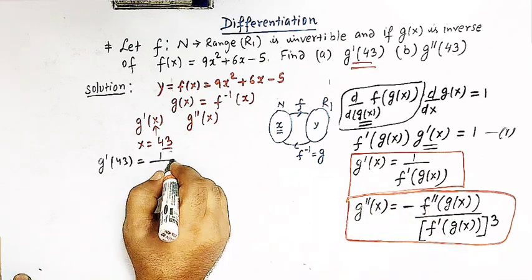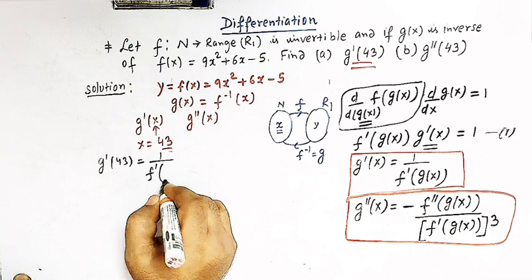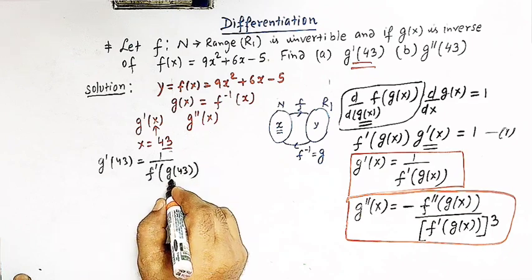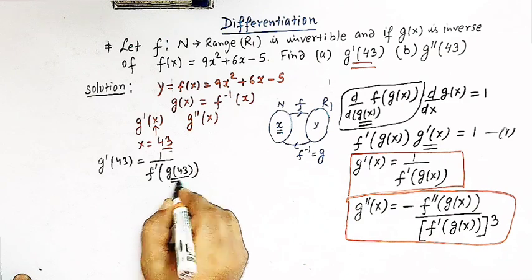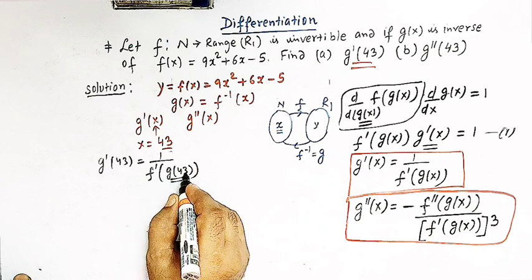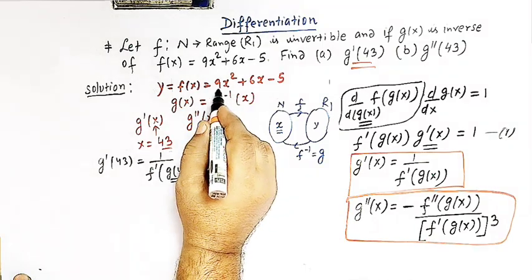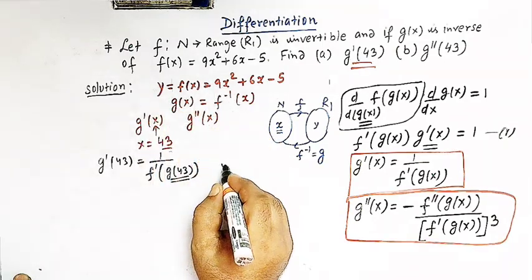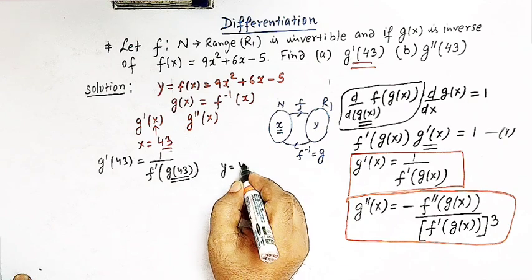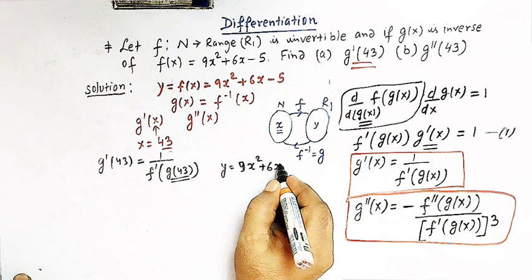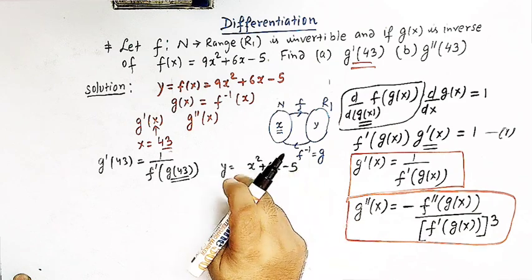So we have 1 over f prime of g of 43, right? So now we have to find out the value of g of 43. For this, we will make use of the function. So we have y is equal to 9x squared plus 6x minus 5, right?